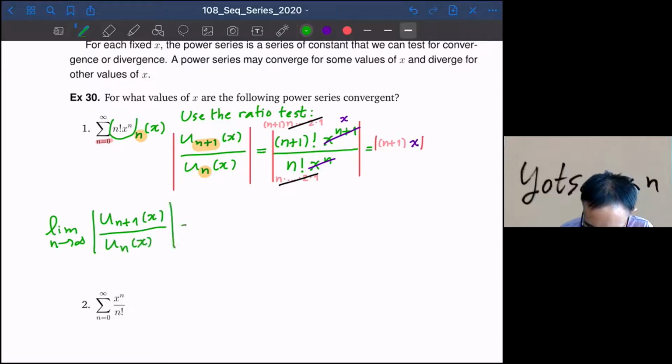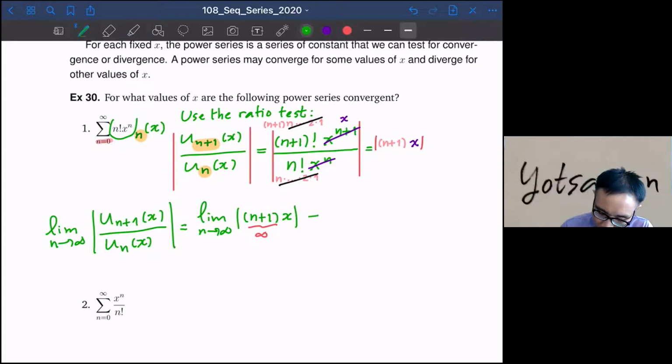So it's going to be the limit as n goes to infinity, and you just put this in. So it's going to be n plus 1 times x. And you see here n plus 1 turns out to be infinity, if x is a real number, it's going to be infinity, except when x equal to 0.